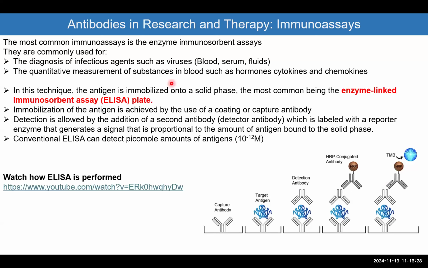Now, this is the first application, and probably you have heard about it. It's the ELISA, which is enzyme-linked immunosorbent assay in a plate. It comes in different flavors. There is a YouTube video here for you to check how ELISA is made.